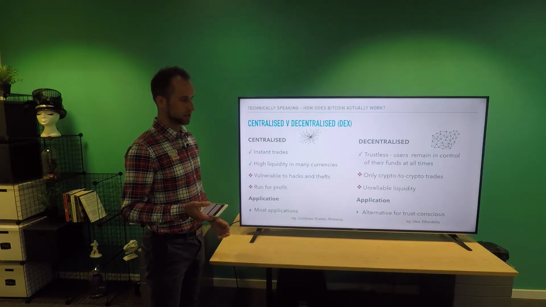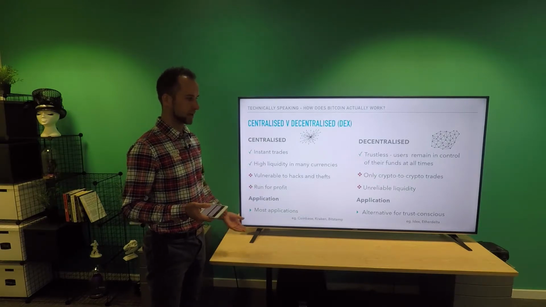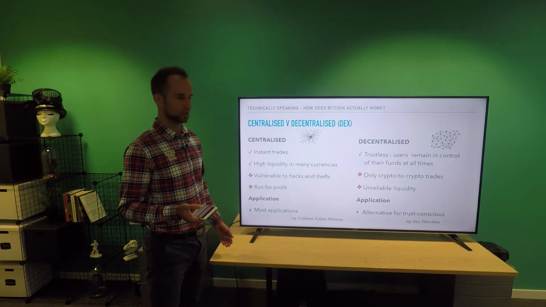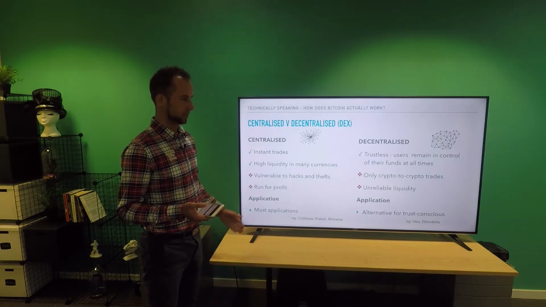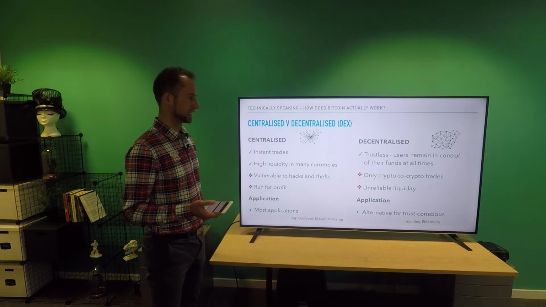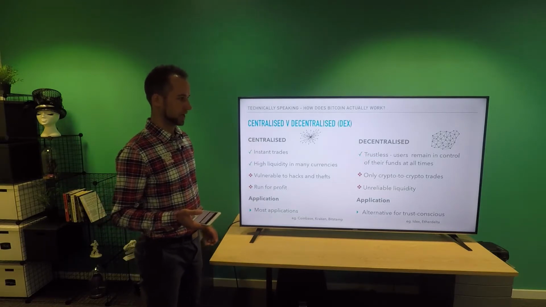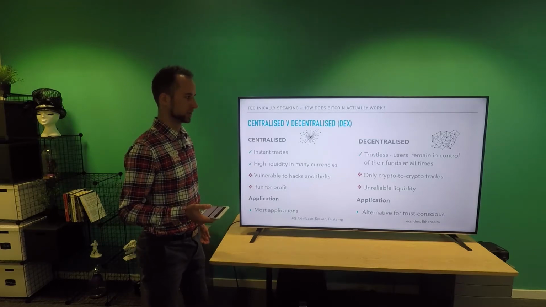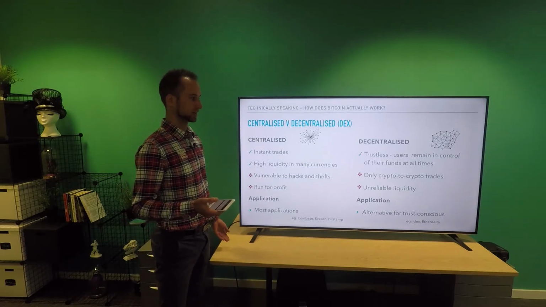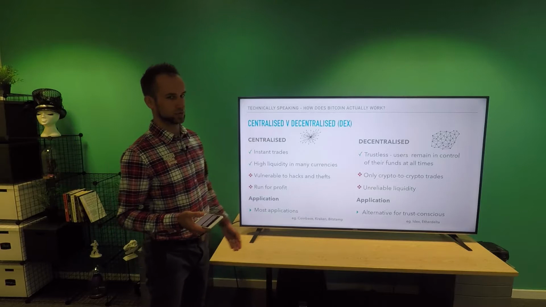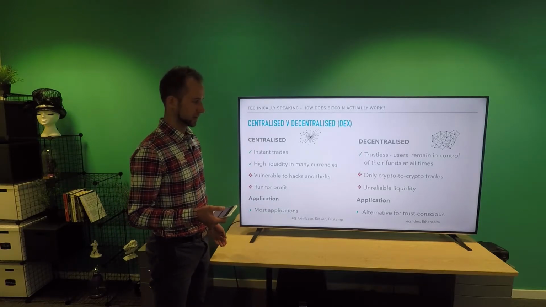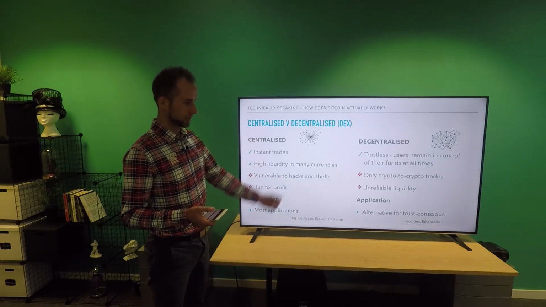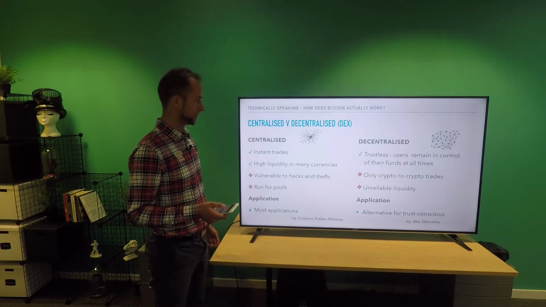So the user experience can be quite poor and difficult. Unless you know what you're doing, you're probably going to end up on the centralized exchange. But the big advantage of the decentralized ones is that they're trustless and you don't have to trust a third party with your money. Examples: IDEX or EtherDelta.